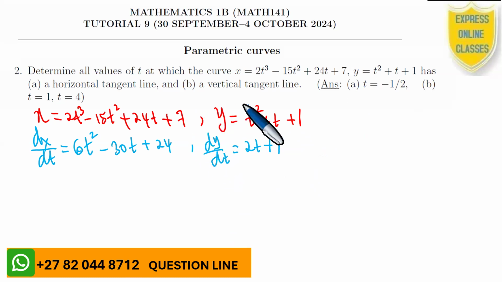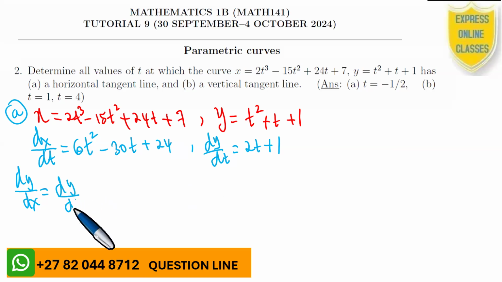But now we need to consider the fact that in part A, there is a horizontal tangent line. What does it mean to say there's a horizontal tangent line? If the tangent is horizontal, then the slope of the tangent is 0. Now, the slope of the tangent is given by dy dx, but this is dy dt times dt dx.